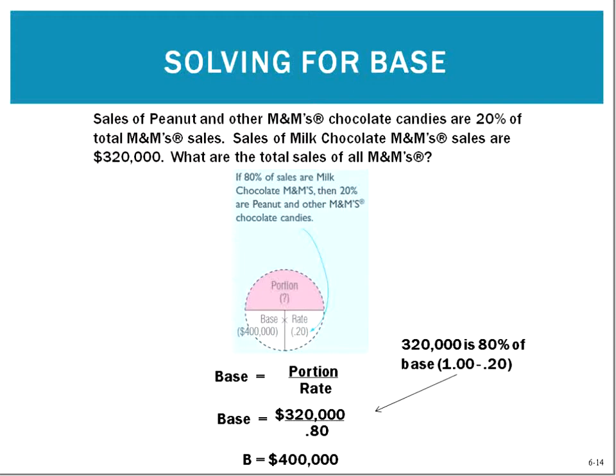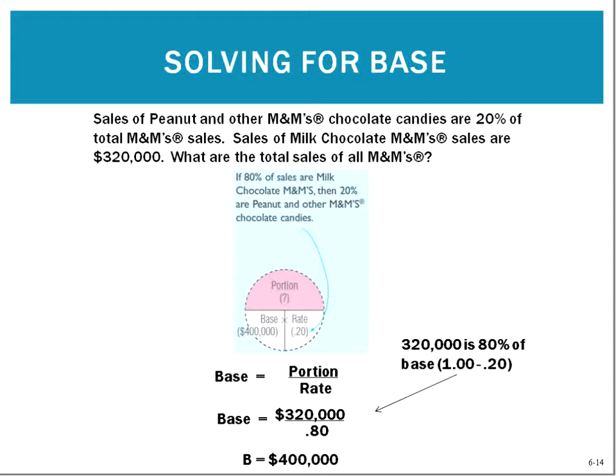So what is the chocolate M&M sales percentage? That must be 80%, because everything has to equal 100% total. You don't have more than total sales. So 100 minus 20 is 80%, which is your milk chocolate. Your 320 is 80% of your base, and that is 1 minus 0.2.